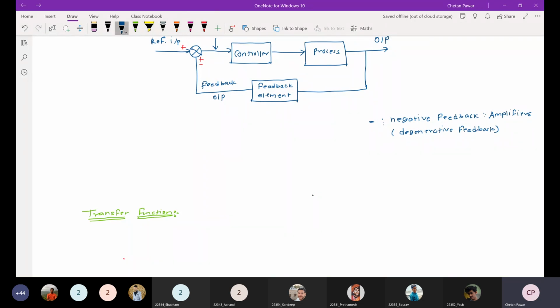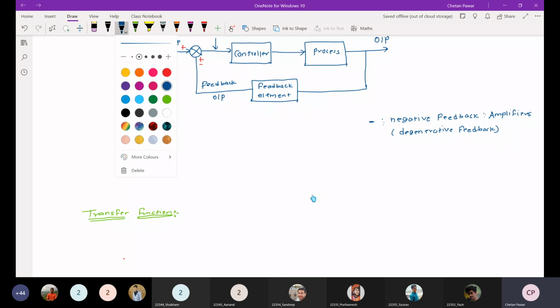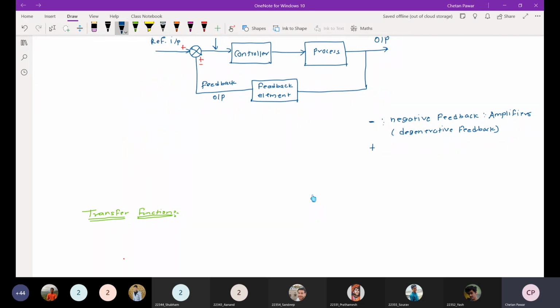Okay, and when we add the feedback output with the reference input, at that time this is called positive feedback. This is used in oscillators. It is also called a regenerative feedback.